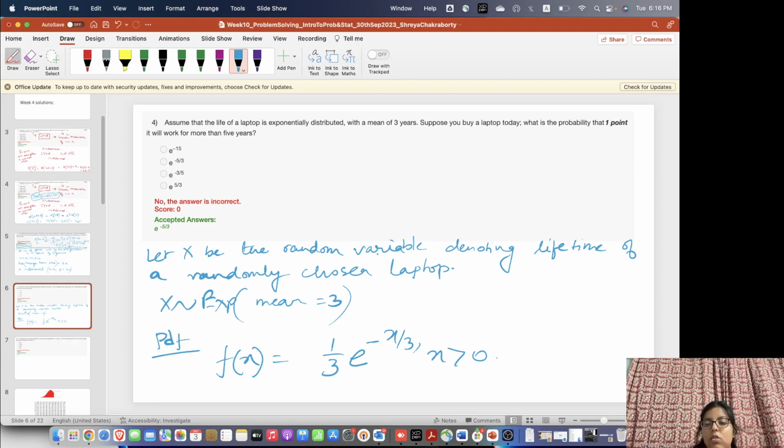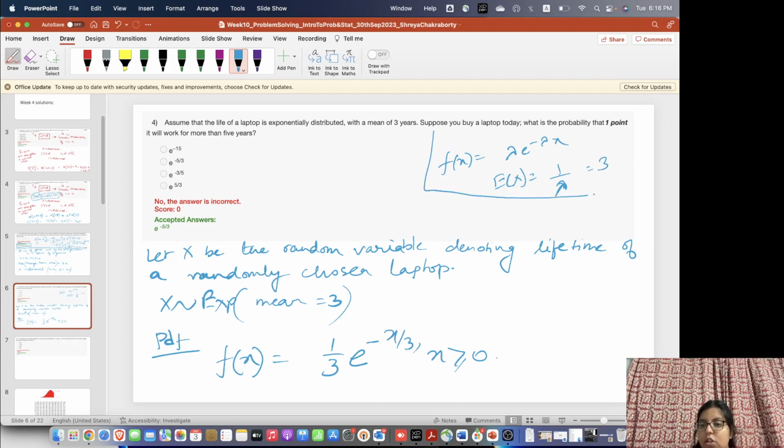Why is this? X greater than or equal to 0. You remember, if we formulate f(x) equal to lambda e to the power minus lambda x, then expectation of X would be 1 by lambda. 1 by lambda equal to 3 means lambda equal to 1 by 3.